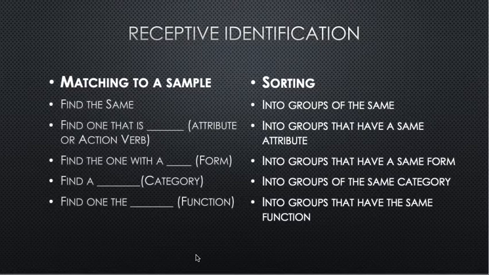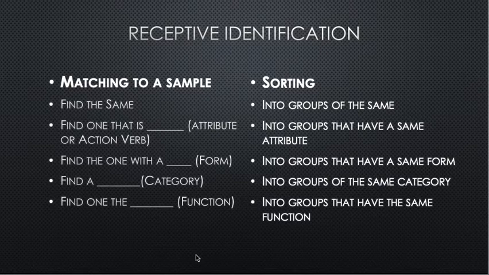If you're moving into measurement and math skills, you can say find one that has a multiplication in it, find one that has division in it, find one that has a fraction, find one that has a whole number. There are multiple ways that you can do these receptive identification questions without thinking too minimally about what the student's skill levels are. You can really expand this to very complex skills.